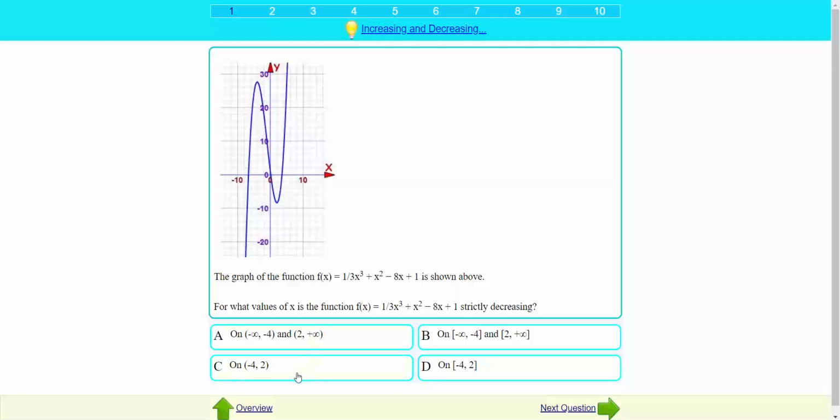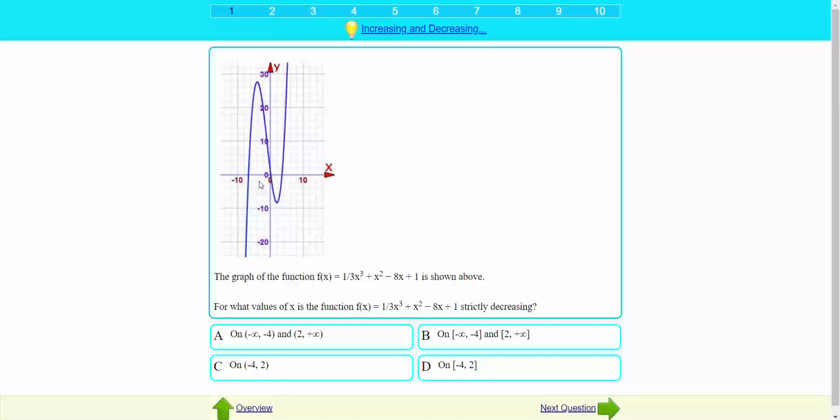Okay, so -4 and 2 inclusive. Is this the 4? So assuming this is like 2.